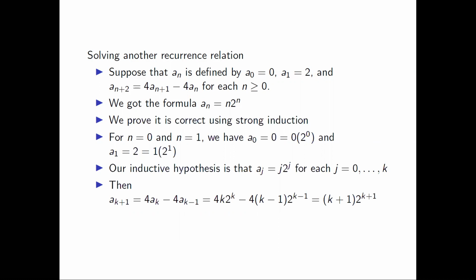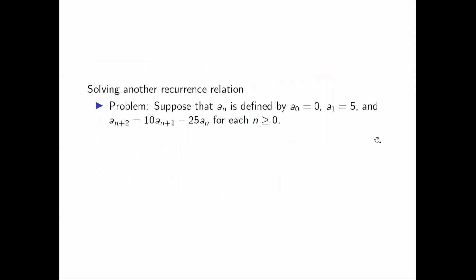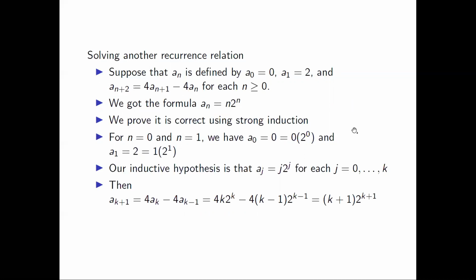And here we can use our inductive hypothesis. So we substitute k times 2 to the k for a sub k, and k minus 1 times 2 to the k minus 1 for a sub k minus 1. And so we end up with 4k times 2 to the k minus 4 times k minus 1 times 2 to the k minus 1. And when we simplify that, we do get k plus 1 times 2 to the k plus 1. So that finishes the induction.